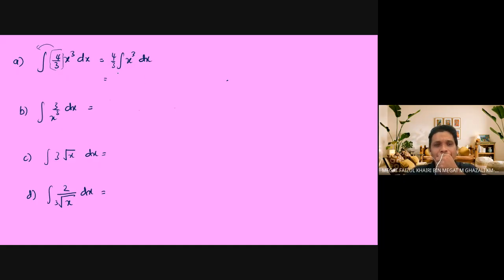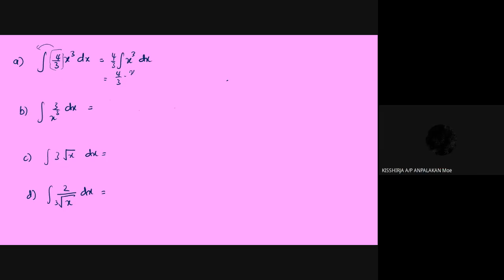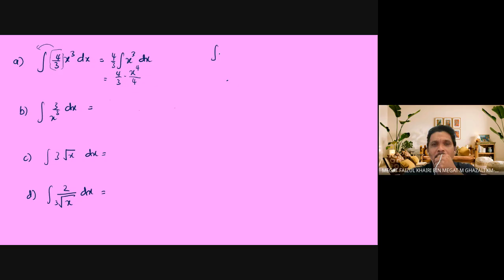Next, integrate x cubed with respect to x. The integral of a x to the power of n dx equals a times x to the power of n plus 1, divided by n plus 1, plus a constant C.